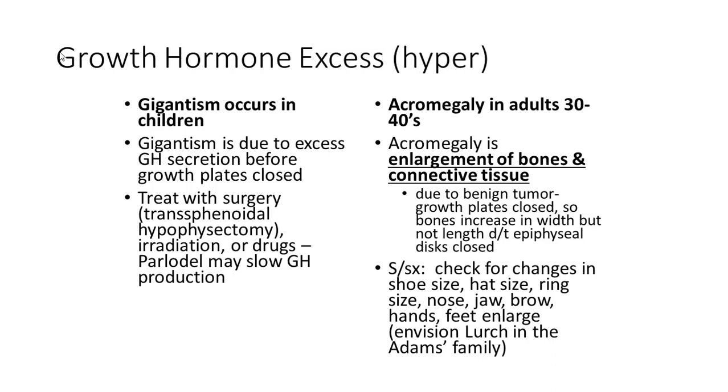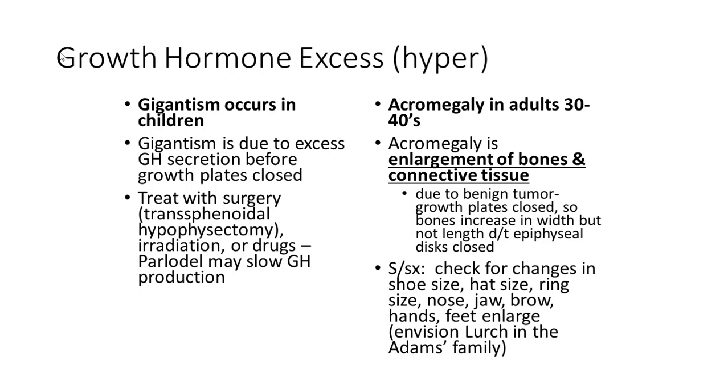Sometimes, if it's not occurring when the patient's a child and it starts when they're an adult, it's called acromegaly. So the bones and the connective tissue, because growth hormone affects bones and tissue, they actually enlarge.